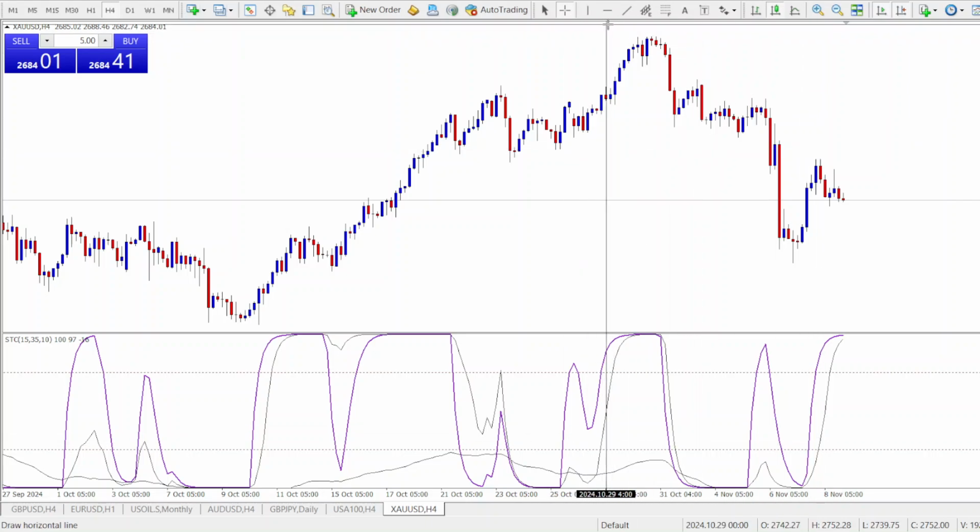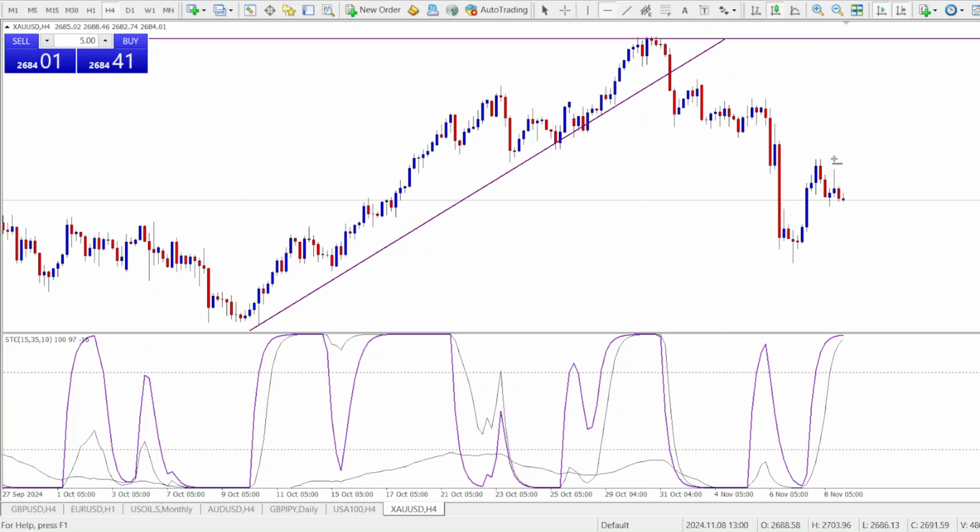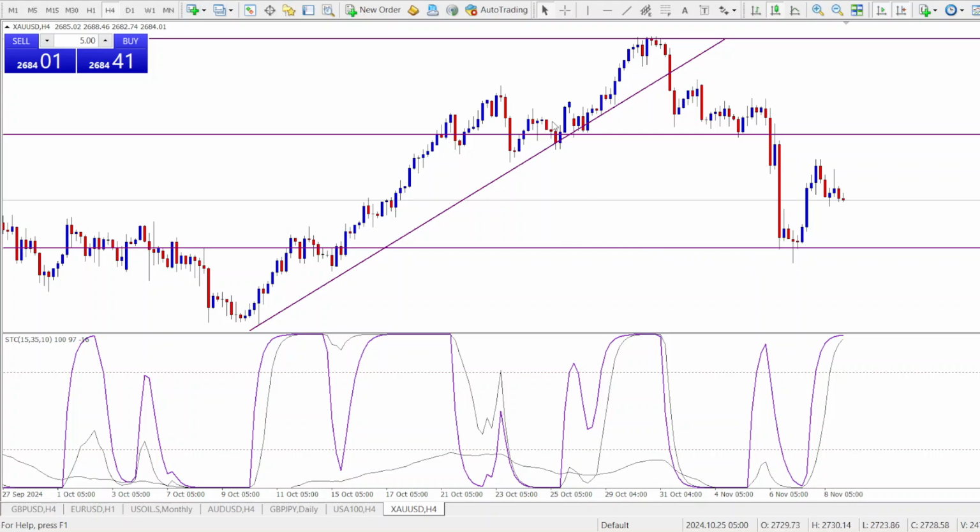Now, in addition to that, it's important that you also make use of trend lines and support and resistance levels, because those can come in very handy. They can be very useful signals for your exits, and they can also give you additional confirmation to the signals given by the STC indicator. For example, we can see that we had a buy signal somewhere around here.